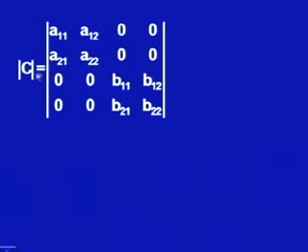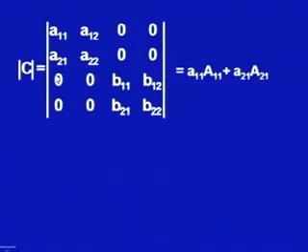This I will show for the C matrix, which is the determinant of A11, A12, 0, 0, A21, A22, 0, 0, 0, 0, B11, B12, 0, 0, B21, B22. Now, the determinant of this can be easily calculated. What I can do is expand it about the first column. So, it will be A11 multiplied by its cofactor plus A21 multiplied by its cofactor.